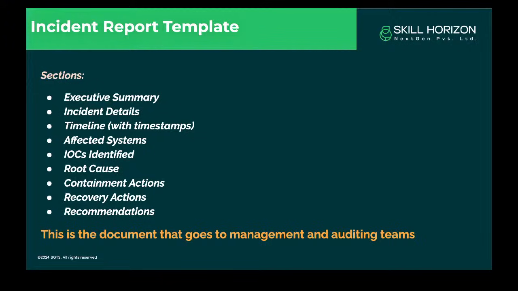So in an IR, what things can you include? Executive summary, incident description or details, the timeline, affected systems, the IOCs, similar to the alert triage, the root cause of the issue, containment actions, recovery actions or recommendations. These sections you can use for your report.